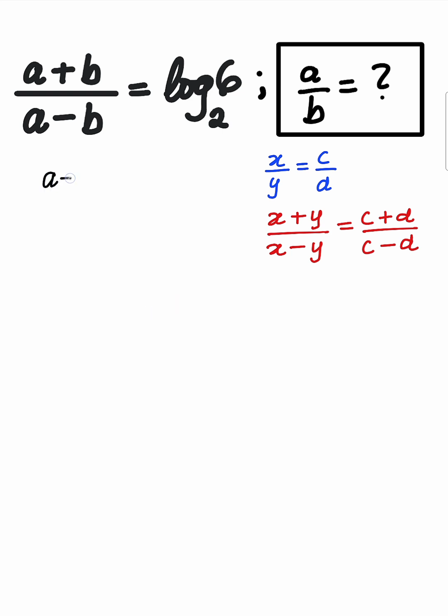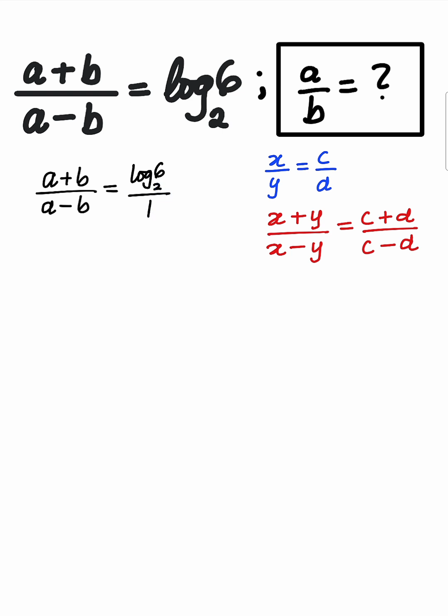We'll be applying this rule, and let me rewrite the equation here. We have (a plus b) all over (a minus b) equals, now take note that log 6 base 2 is the same as saying log 6 base 2 all over 1.